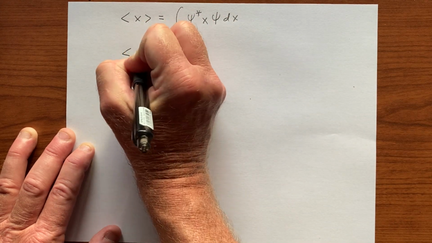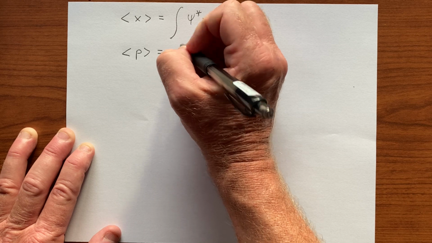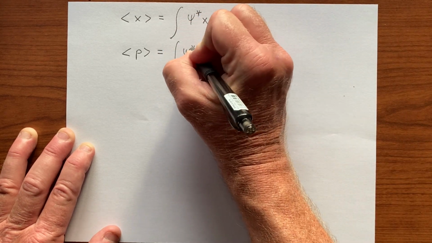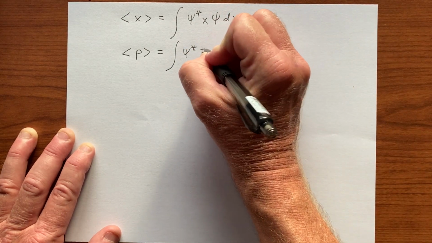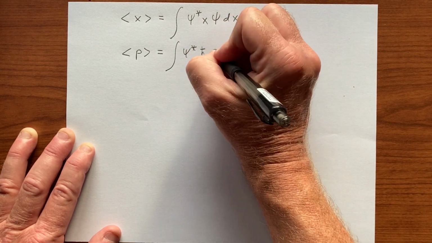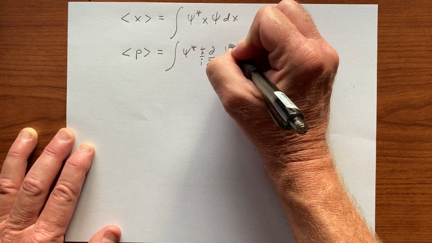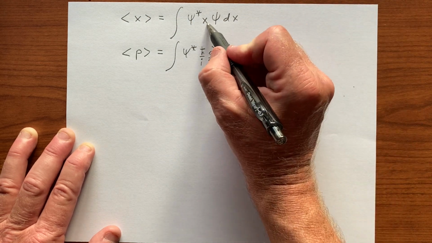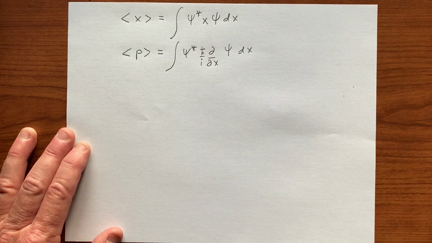That lends itself to comparison with the expectation value of p, which also appears like it's being sandwiched. It's like an operator that's being sandwiched in between the psi star and the psi. So you can think of the position as the position operator and this other quantity as the momentum operator.